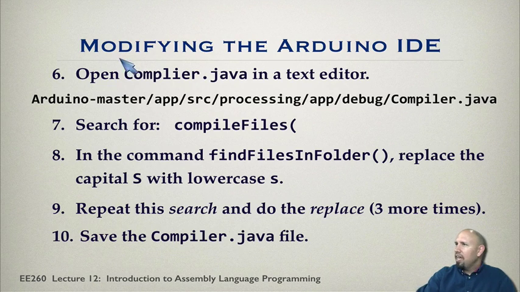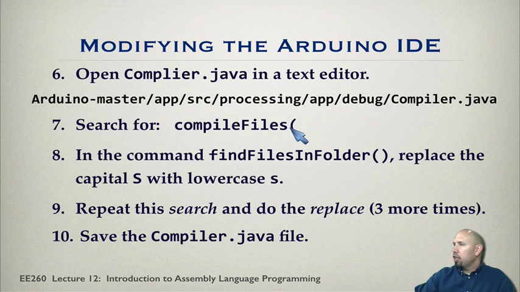Step 6 now is we need to open this file, compiler.java, which can be found in the folder Arduino Master, app folder within that, source folder within that, processing folder within that, app folder within that, debug folder within that. We have this file, compiler.java. Then you search for this string, compile files.